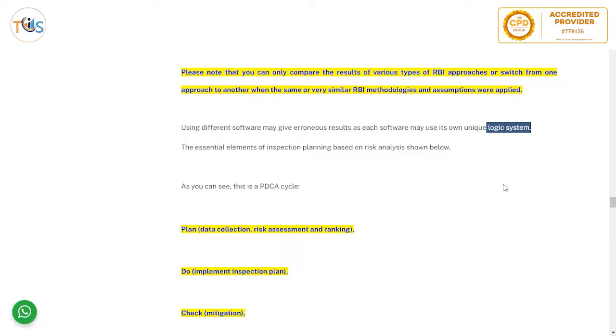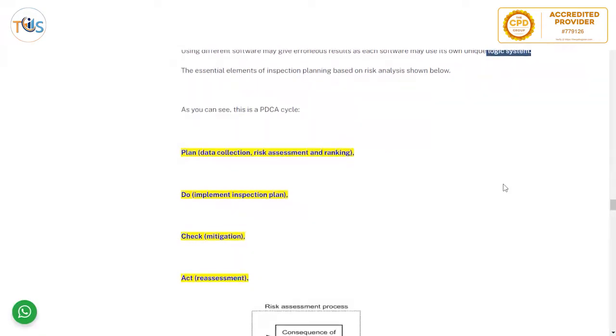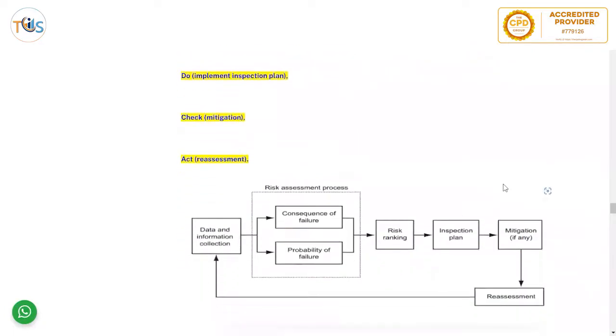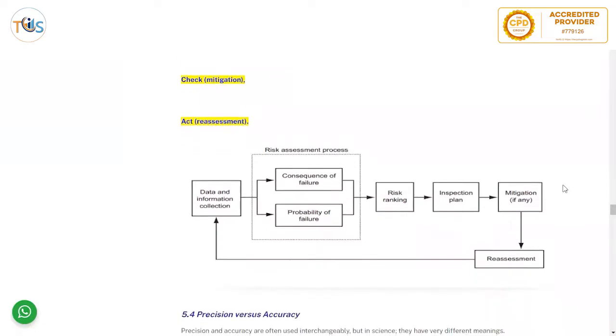The essential elements of inspection planning based on risk analysis is shown here. As you can see, a PDCA cycle: plan, data collection, risk assessment and ranking; do, implement risk inspection plan; and check mitigation, and then act again.